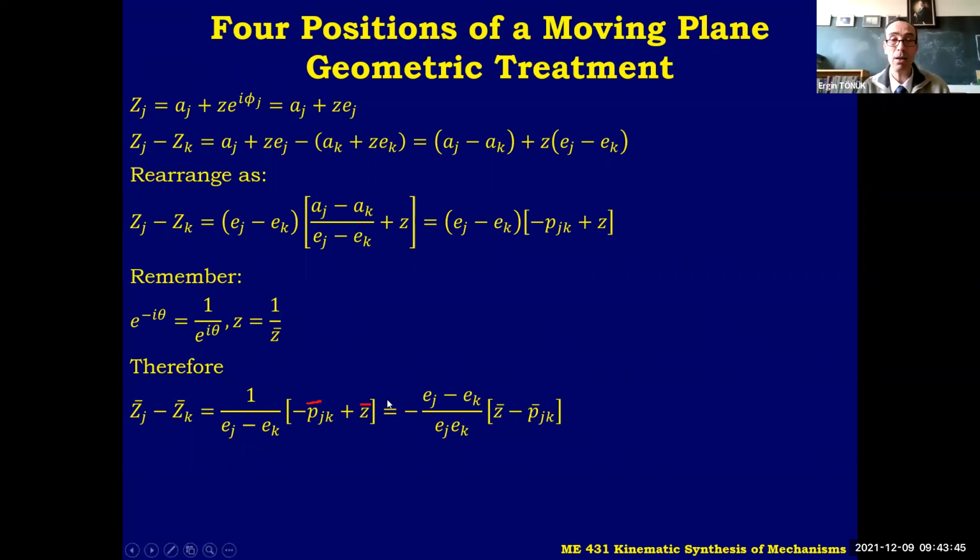So after these derivations, actually I can obtain this relation: Zj minus Zk over Zj conjugate minus Zk conjugate. If I take the ratio of these two, it is negative Ej Ek, Z minus the pole, and Z conjugate minus the pole conjugate.